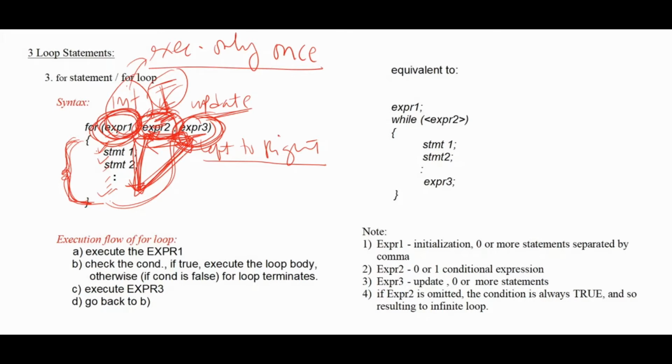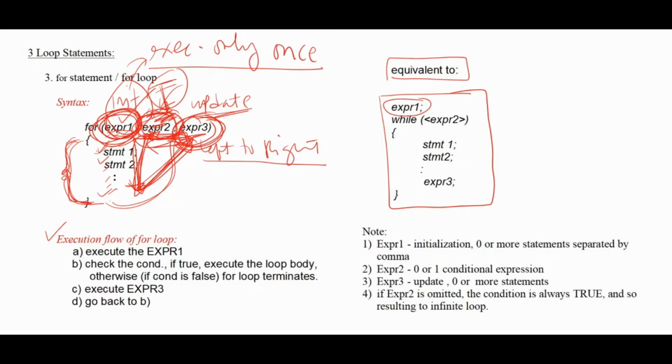Now take note that based on the execution flow of the for loop, it is equivalent to the execution of this while loop, right? Recall, in the for loop, we first execute expression 1, all the statements in there. So it is equivalent to executing expression 1 before the while loop.